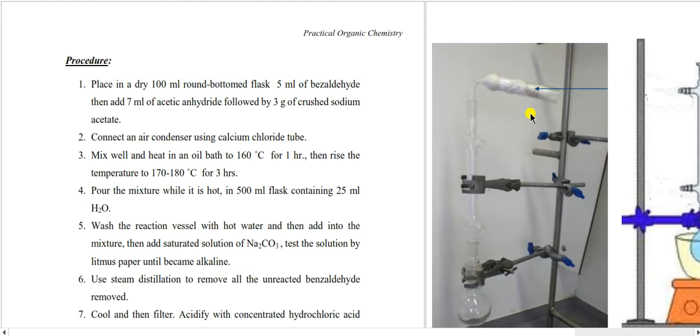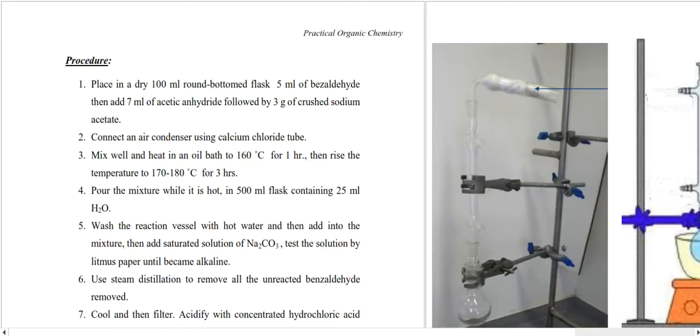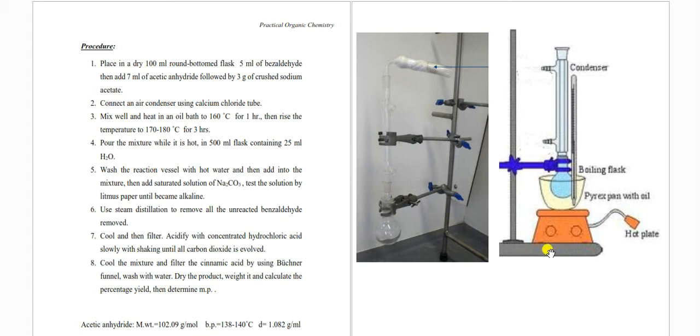After mixing and connecting the apparatus, start reflux, or start heating, using a hot plate and an oil bath or sand bath, whatever you have at the lab. If you have oil, use oil.